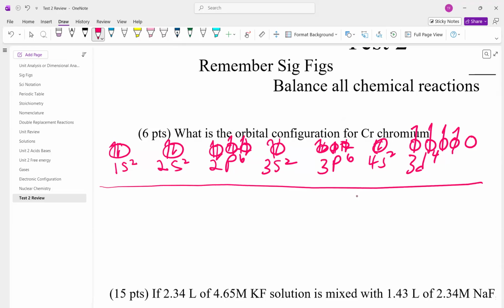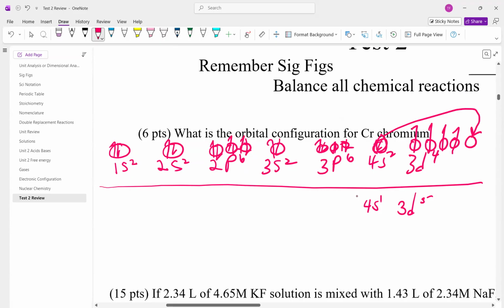There are two right answers for this one, and some of you figured it out. If you look up the chromium electronic configuration, you won't get the 4s2. You're going to get 4s1, 3d5. What that is called is hybridization. We're taking one of the s electrons and moving it over to here.